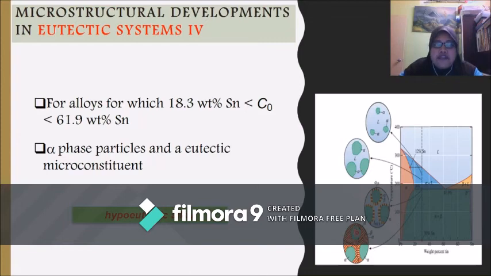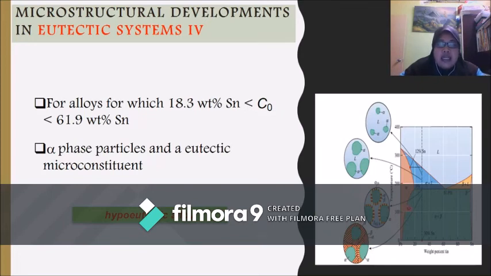The alpha phase particle in the blue color will blend together with the eutectic microconstituent, the repeated layer of alpha beta. This is called a hypoeutectic alloy. What is a hypoeutectic alloy?